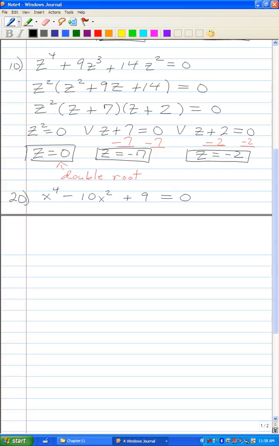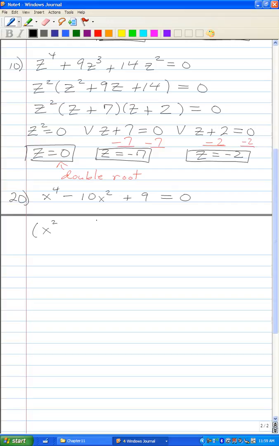And so this is actually quadratic in x squared. So this looks like x squared squared minus 10x squared plus 9. So it really looks like a polynomial that's quadratic in x squared. And so I can see if I can factor this.